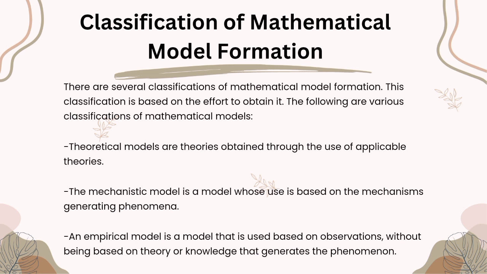The second, the mechanistic model is a model whose use is based on the mechanisms generating phenomena. The last is an empirical model, a model that is used based on observation without being based on theory or knowledge that generates the phenomenon.